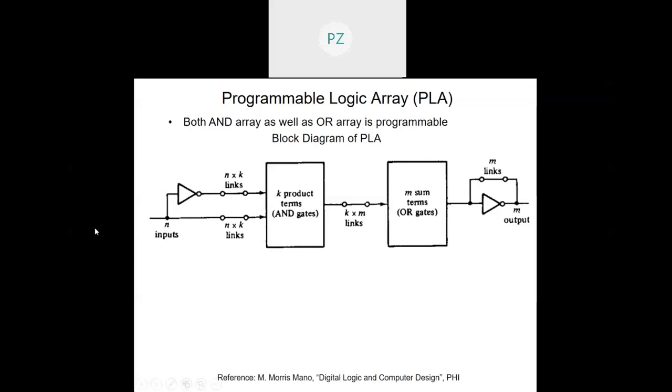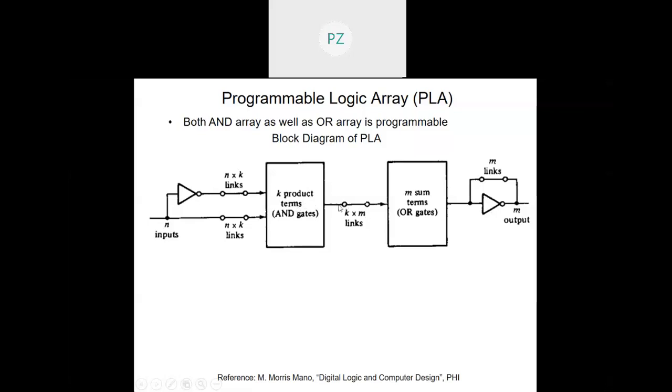Let us see a generic diagram first. Since these n inputs are going to k product terms, I should have n into k links, and the complement of these n inputs is also going to k product terms, so you have n into k links here also. By links I mean the fuses. So I have those many fuses or links at the AND gate array also.